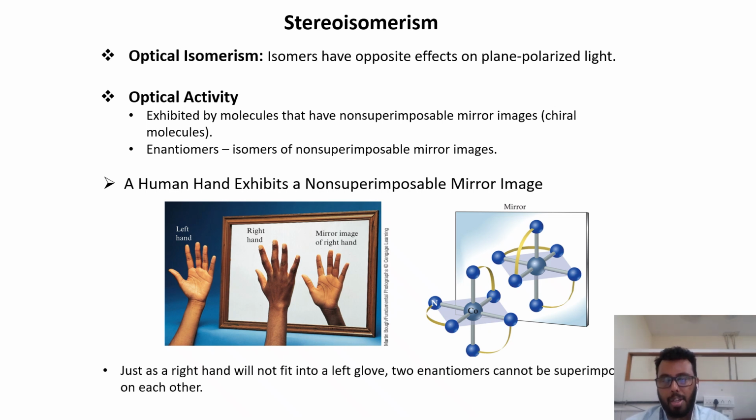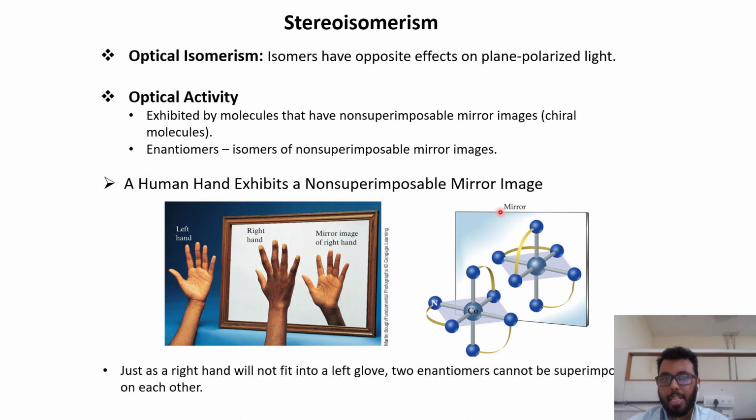When you have a mirror or a polarizing thing, and when you pass the light beam through this one, and when you have your optically active molecule, then when the light beam passes through the solution containing the optically active molecule, whatever the beam coming out now, that will rotate the plane polarized light in either one direction, either clockwise or anti-clockwise. That we know, clockwise means dextro, anti-clockwise means levo.